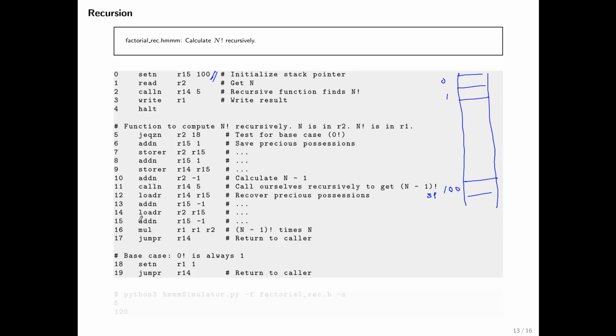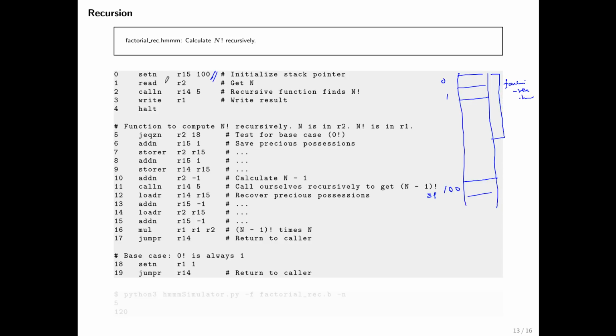So this very program, factorial_rec.hmmm, sits right here. So the program sits right there. So you don't want your stack pointer to interfere with the program itself. Okay, so just pick an arbitrary location that is high enough so that it doesn't interfere with your program. All right, so that's the first line.